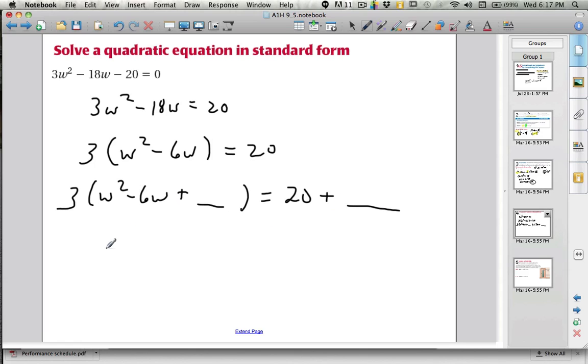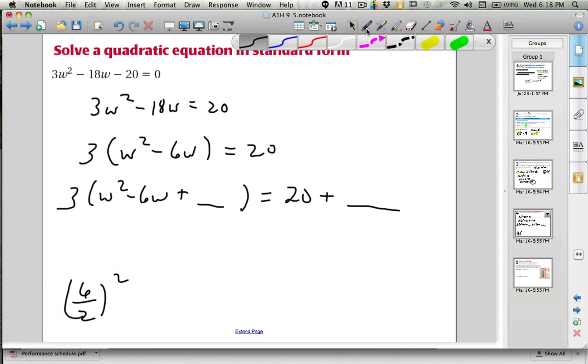So to find that value, I take 6, I divide it by 2, and I square it. So 6 divided by 2 is 3 squared, so that's going to be 9. So over here I'm going to put 3 squared, which is 9.